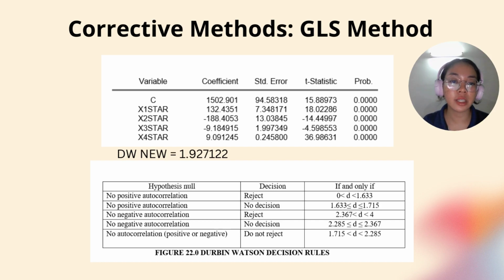Therefore, referring to the Durbin-Watson table, neither H null nor H1 is rejected at a significance level of 0.01. That is, there is no positive or negative autocorrelation, as the Durbin-Watson value 1.921722 is in between 1.715 and 2.285.